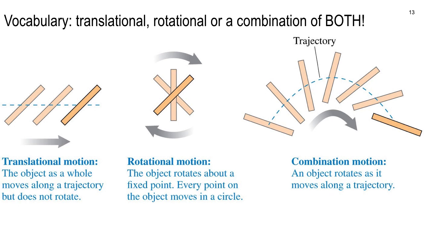Here's an example of that. If you watch a guy playing football and they try to kick a field goal, the ball goes end over end. So the ball is spinning and it's also following a parabolic arc at the same time, and hopefully they get the field goal.